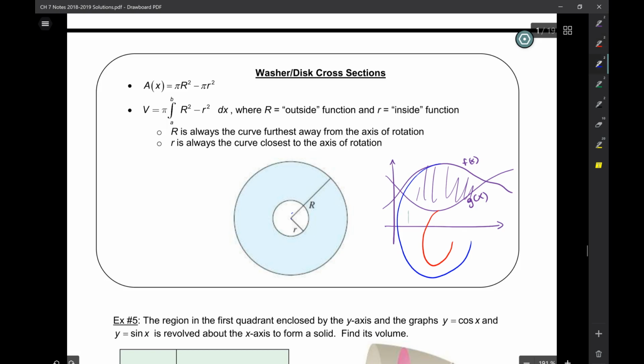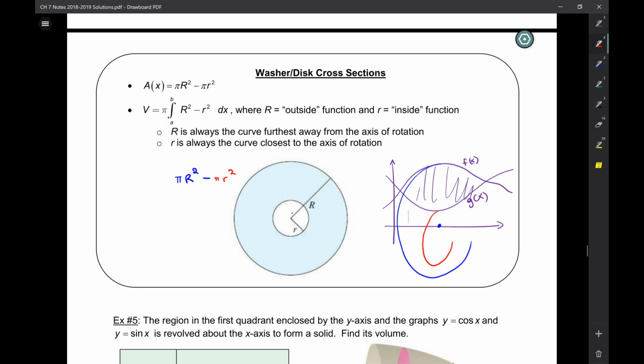So now, what are these radii? Remember, this is a circle. How do I find the area of the shaded circle here? Well, I have a big radius and a little radius, so I'm going to do pi R squared minus pi little r squared.